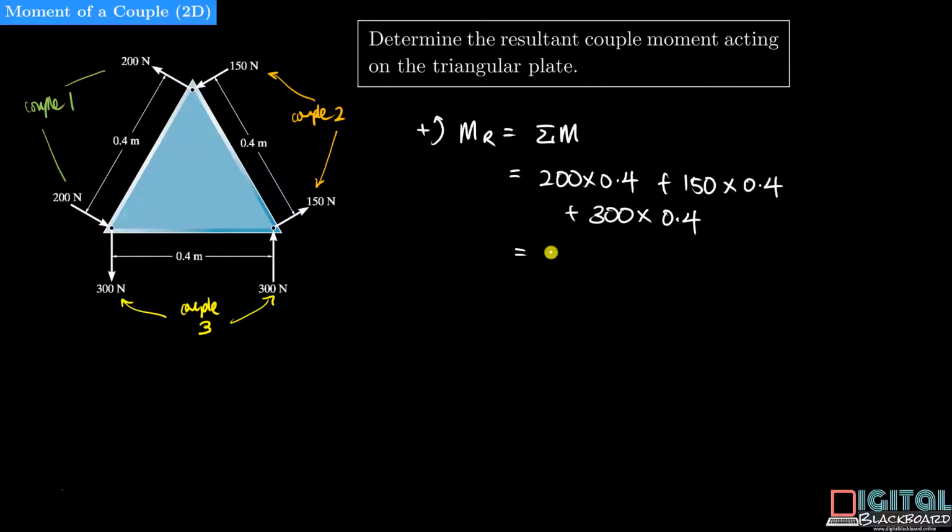So we have 0.4, we take out the common factor, so we have 200 plus 150 plus 300, which gives us 0.4 times 650, which gives us the final resultant couple moment of 260 Newton meter.